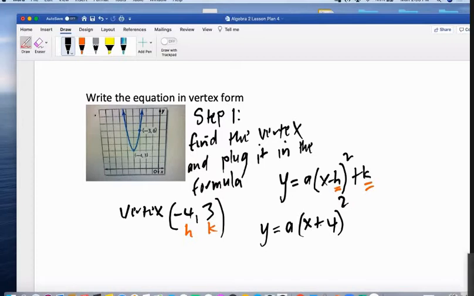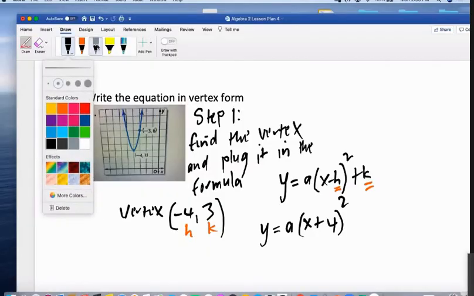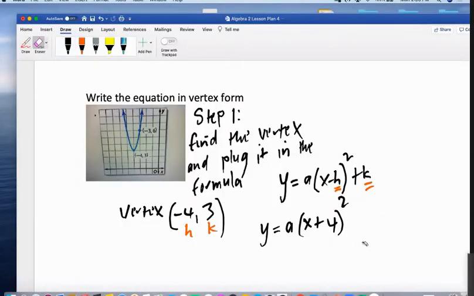Right, I switched it. And I think that's what you were trying. But the reason why we switch it, I kind of skipped that step, so let me go over that again, because I want you to know why we switched the sign. If you look at this, it will be x minus, right? And what is h? It's -4.